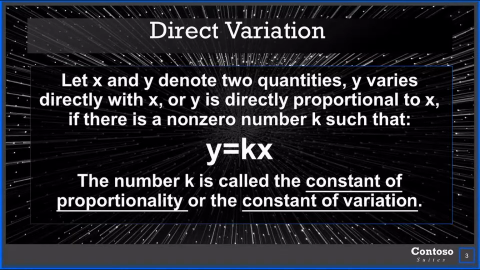So in simple words, whatever happens to x also happens to y, and whatever happens to y also happens to x. That is the concept of direct variation.